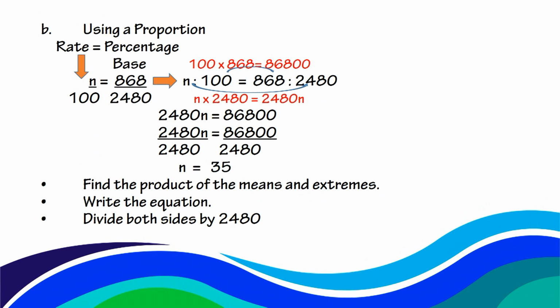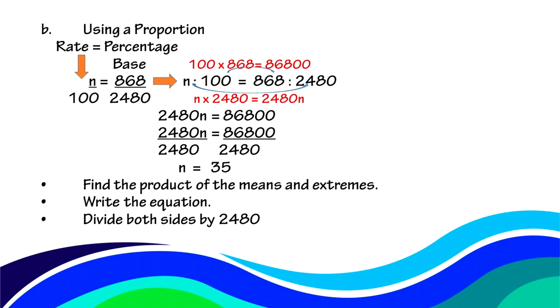In using a proportion, again, we change the base and percentage into fractions. So n over 100 equals 868 over 2,480. Then we write it as a ratio: n is to 100 as 868 is to 2,480.